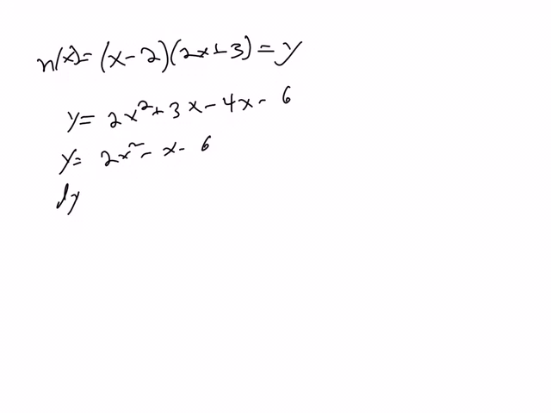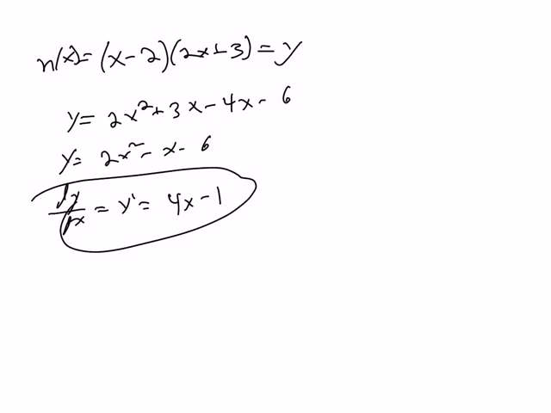So dy over dx, or in other words, y prime is equal to 4x minus 1, and we get the same solution.